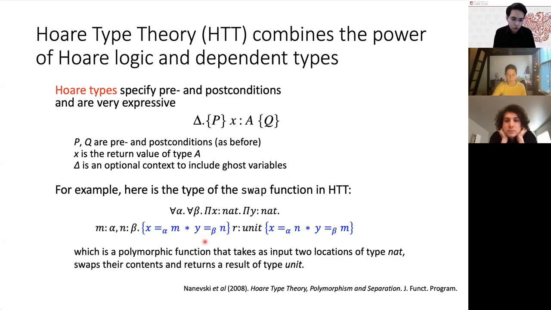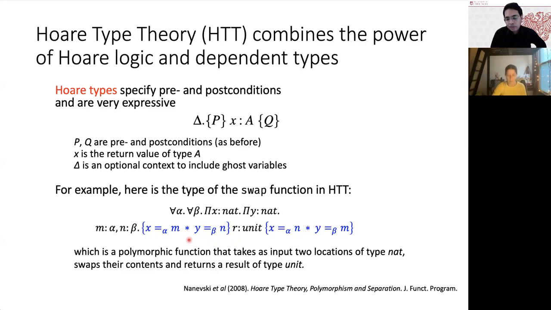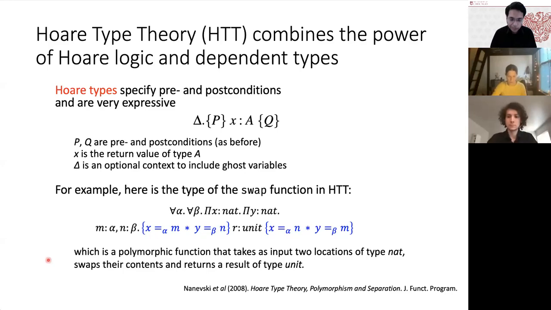It swaps the values in place, so we do not expect anything interesting to come out. We just type it as unit. And this star symbol that we see here is probably not relevant for this talk, but it is something called separating conjunction, and it's quite a powerful technique from separation logic used in reasoning about classical state-manipulating programs.